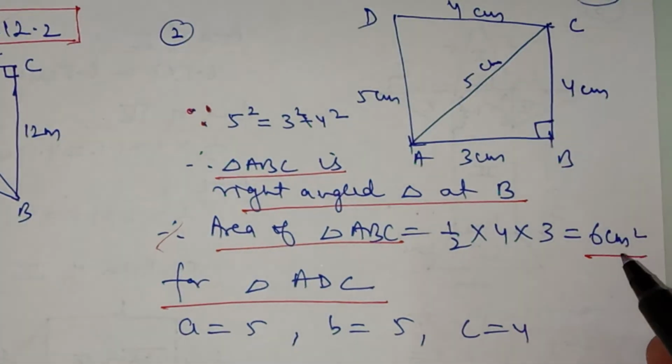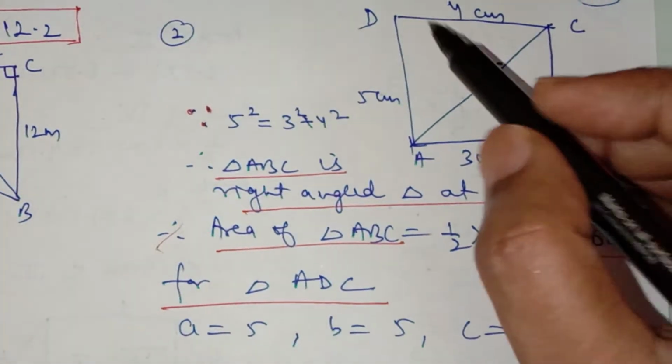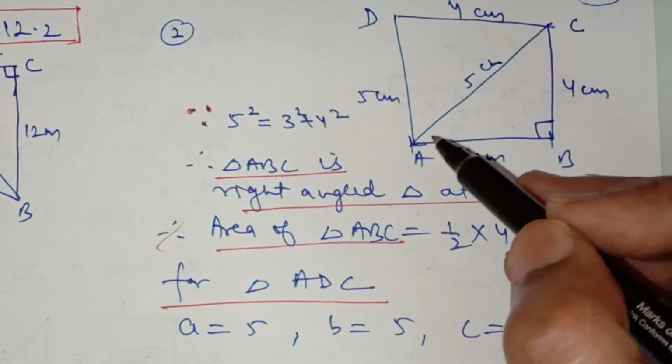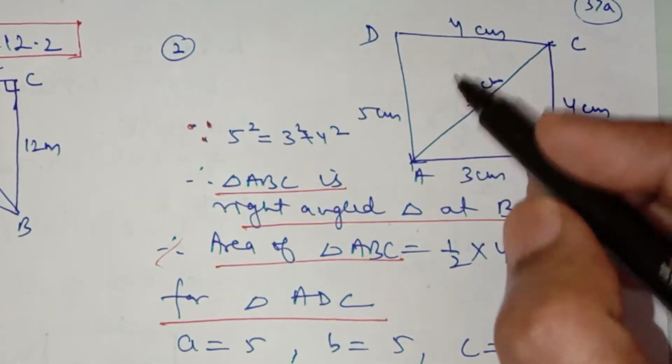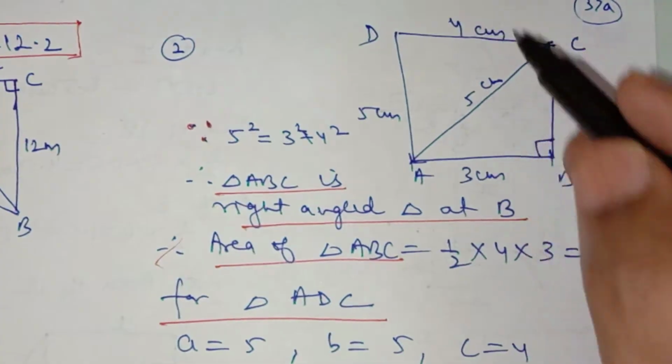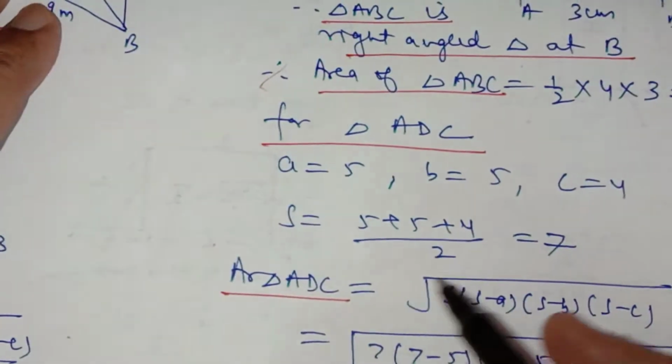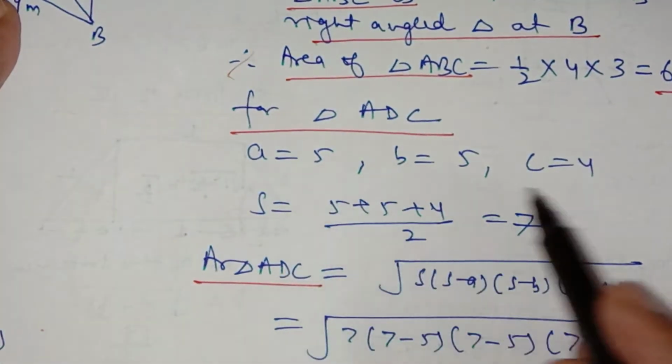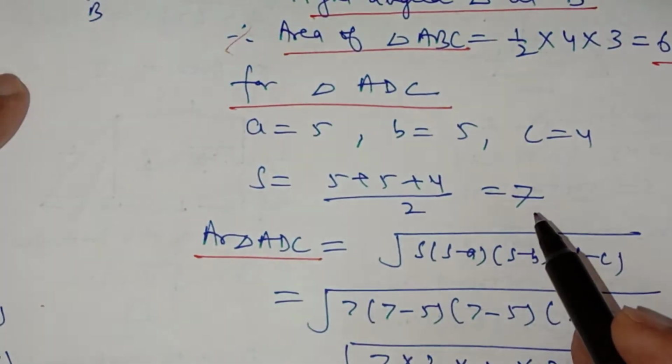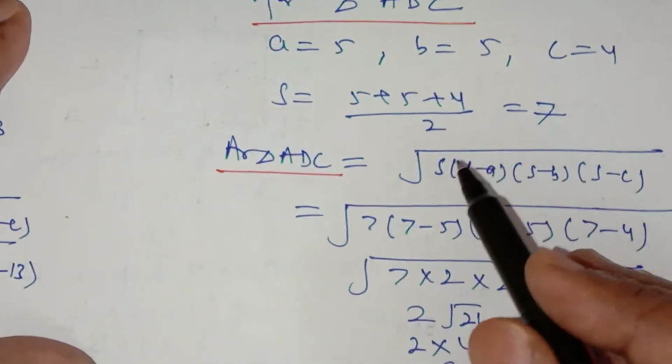That is 6 meter square, and the area of ADC you can find by using Heron's formula, where the three sides are 5, 5 and 4. All three sides are given, so find the semi-perimeter, a plus b plus c upon 2.